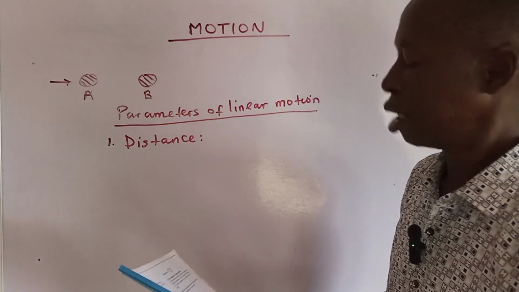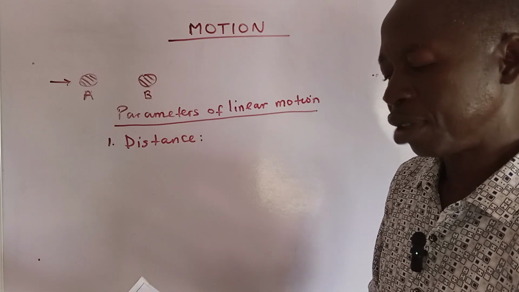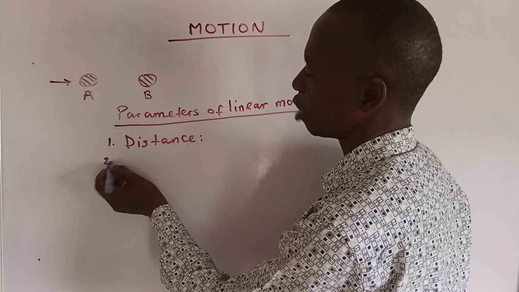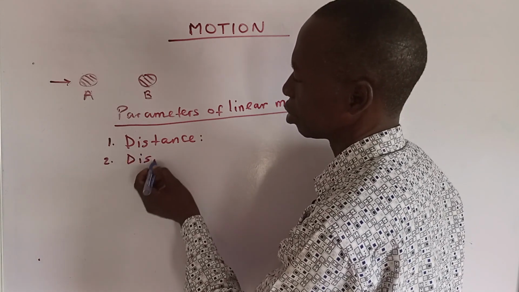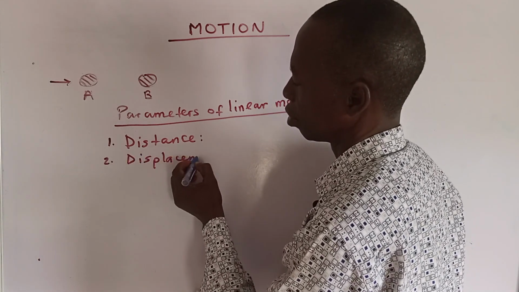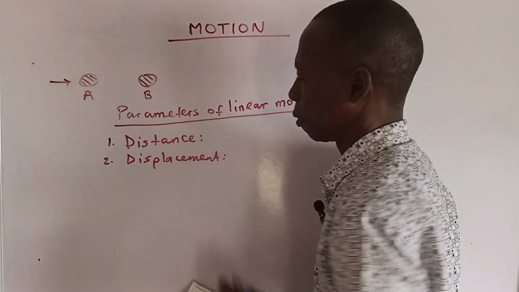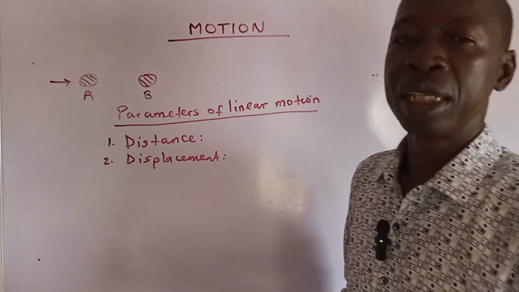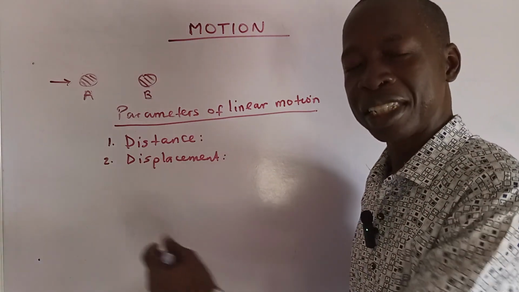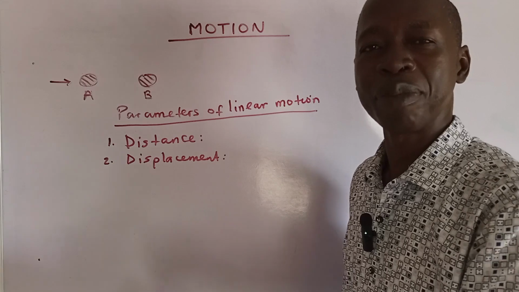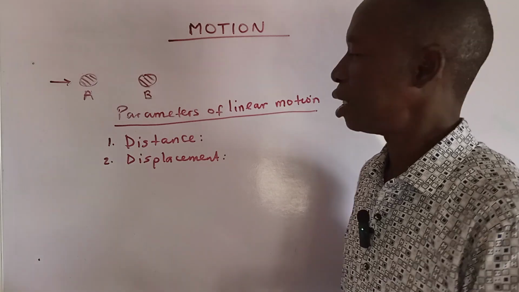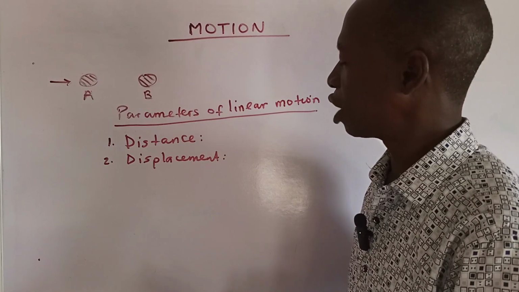That's distance. Now, the second parameter of linear motion that we want to look at is displacement. What is displacement? Simply, displacement is distance covered in a specified direction.